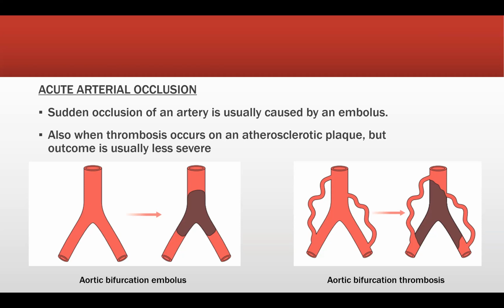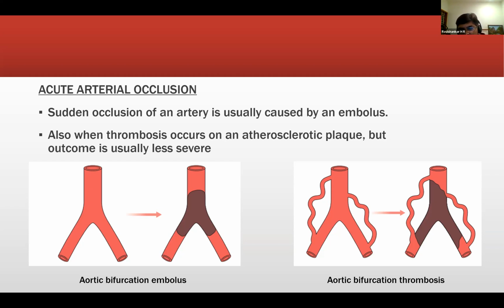Mostly thrombosis. Correct. Acute thrombotic occlusion is much more common. 40% of all acute limb ischemias is due to acute thrombotic occlusion. 30% is due to embolus. So while embolus is definitely one of the most important causes for acute arterial occlusion, it is thrombosis on an underlying diseased vessel.